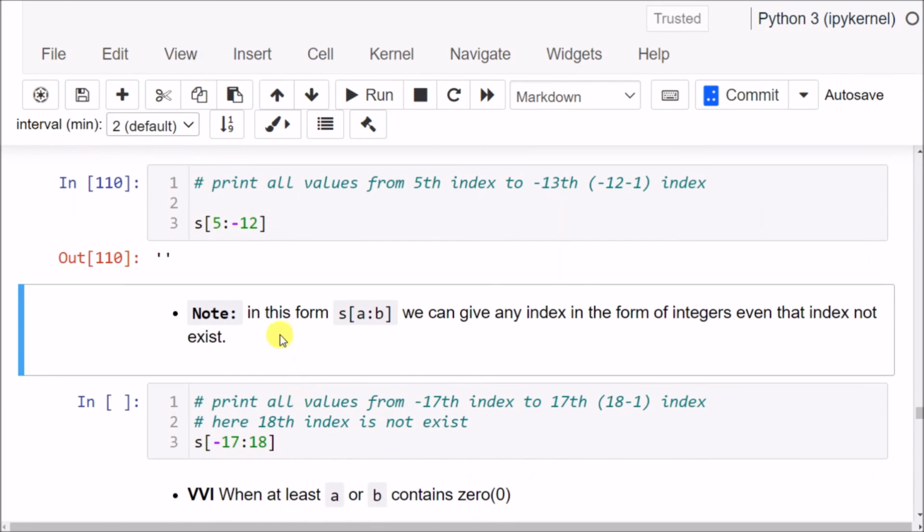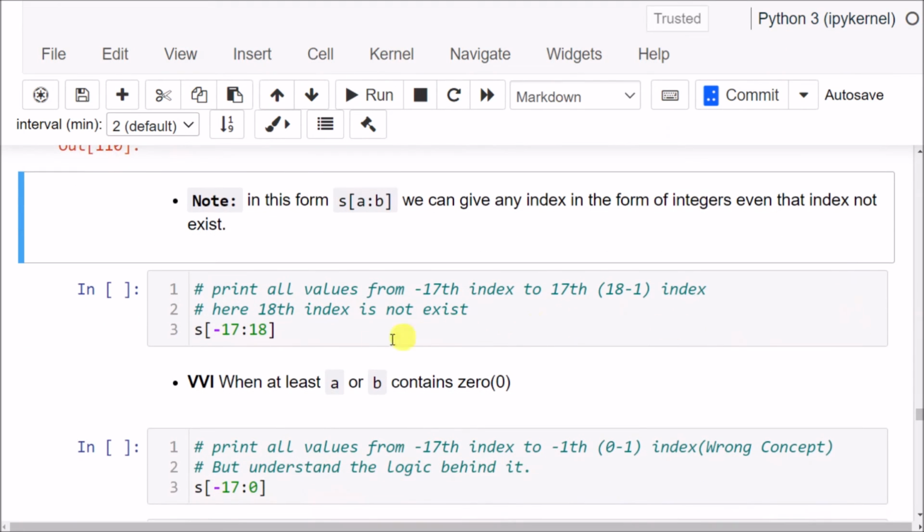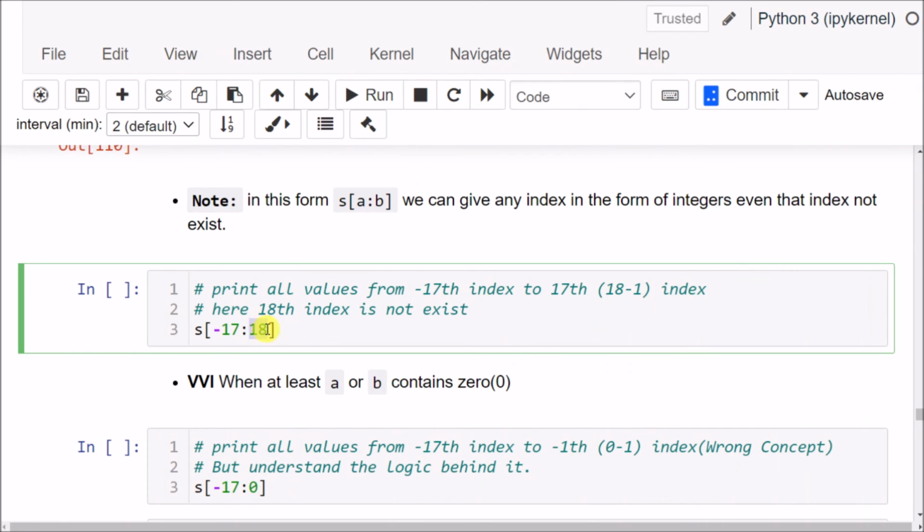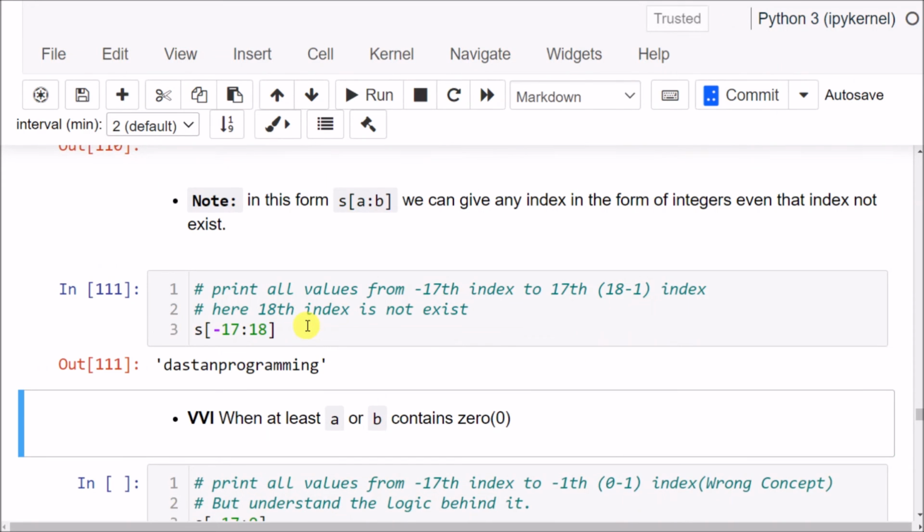So in this form we can give any index in the form of integers, even if that index does not exist. We can give any number as an index. Minus 18 is not considered, so it will be converted into the length of that string. So from minus 17 to all values.